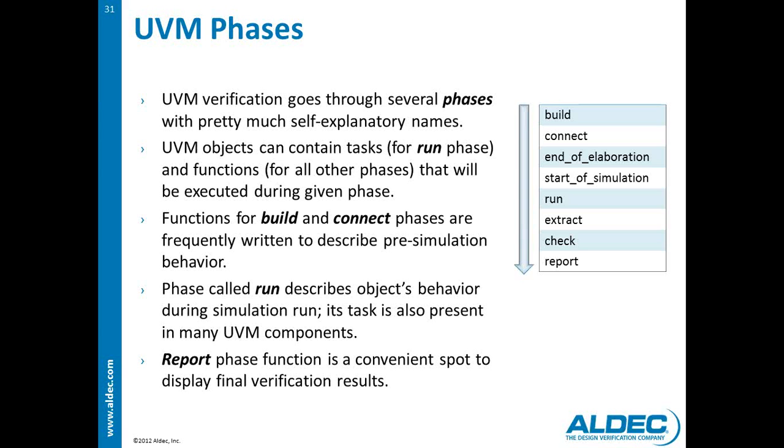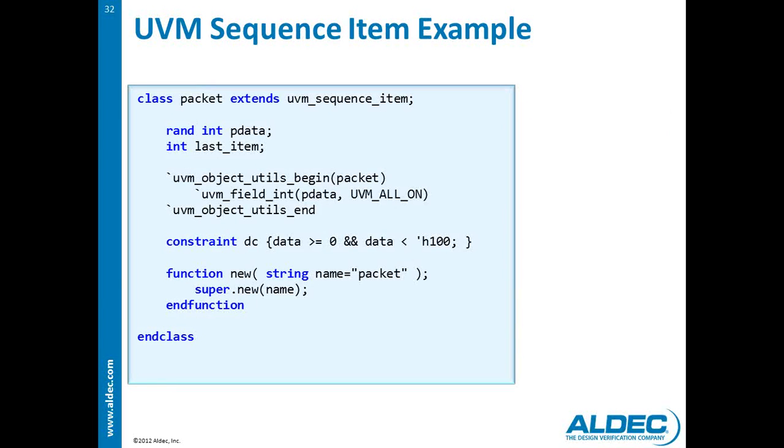Something less frequently seen but still useful is the report phase function. So if you create a function called report phase, let's say in your monitor or scoreboard, you will be able to write something to standard output at the end of simulation when all data was collected and properly processed.